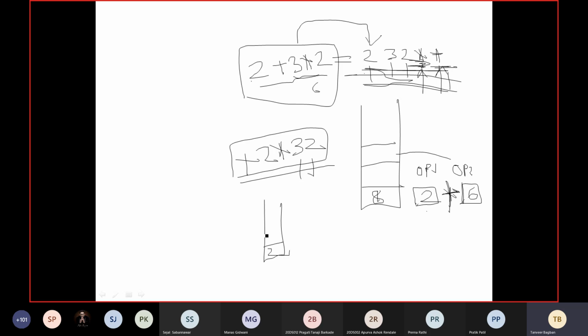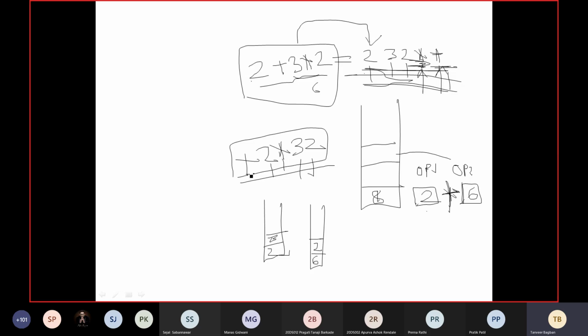Then you read 3, push it onto the stack. Then you read multiplication. So multiply 2 and 3. So what result you get? 2 and 3 will give you 6. So you pop 3 and 2, multiply and push the result onto the stack. Now what remains is 2. Now push 2 onto the stack.